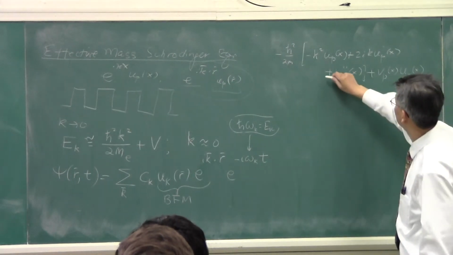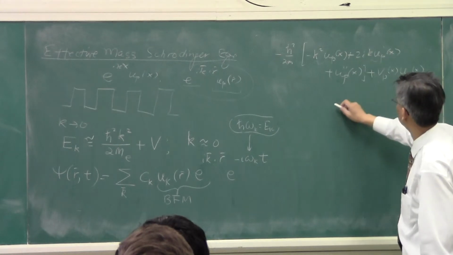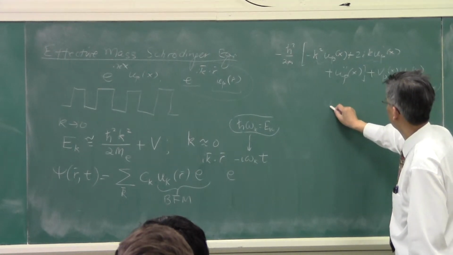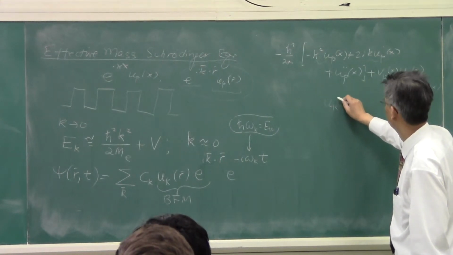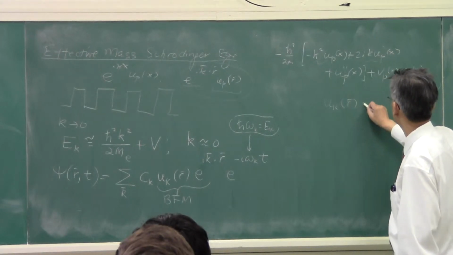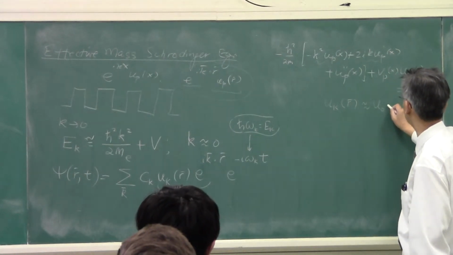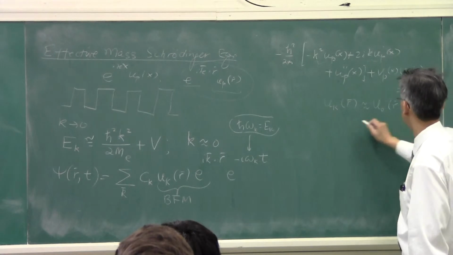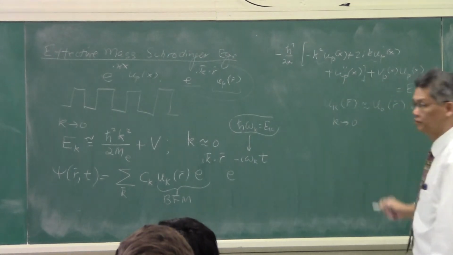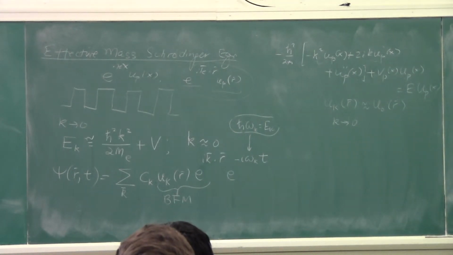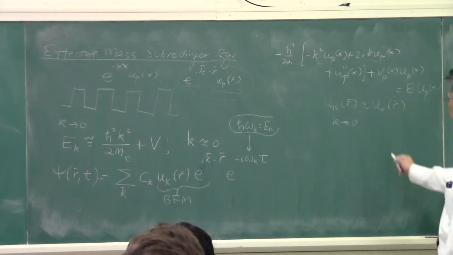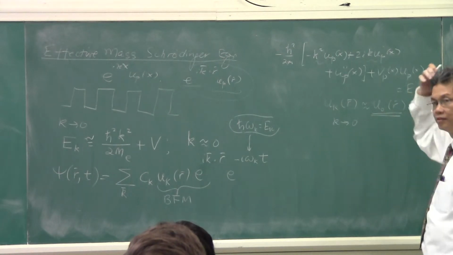Okay, so when k goes to 0, I can ignore this term. I can say that u_k(r) is approximately equal to u_0(r) when k tends to 0. So in the long wavelength limit, I can approximate the periodic part of the function with the periodic function at k equal to 0.